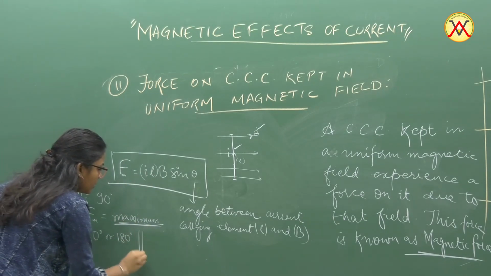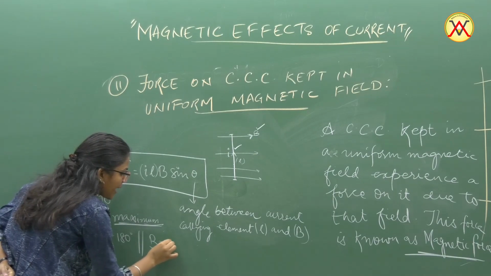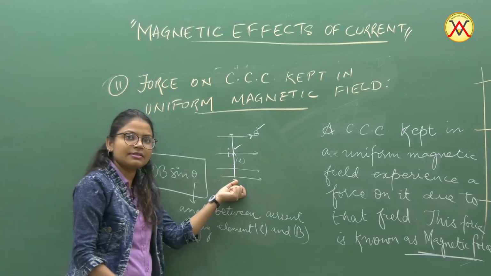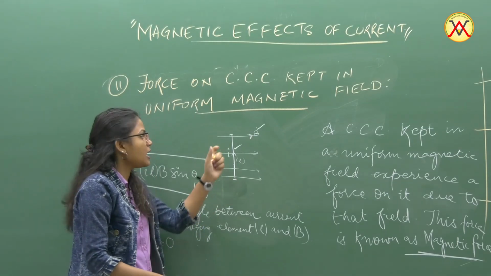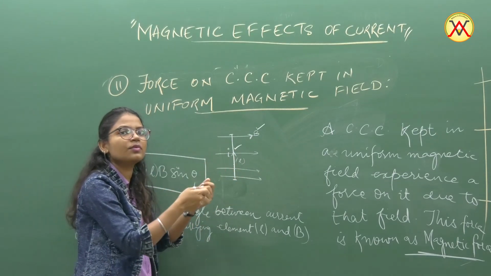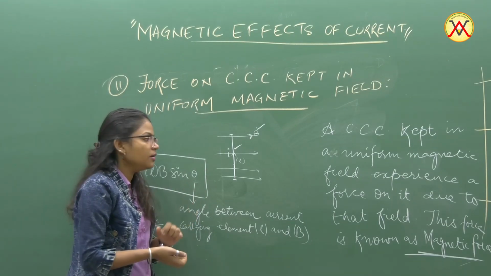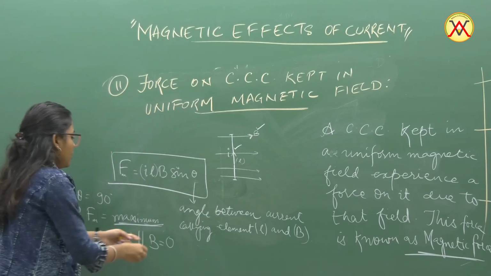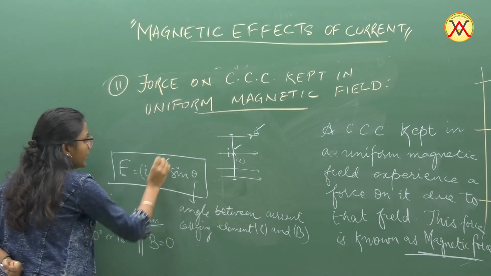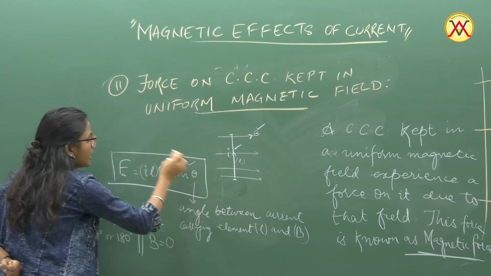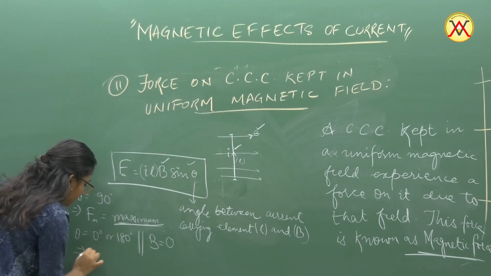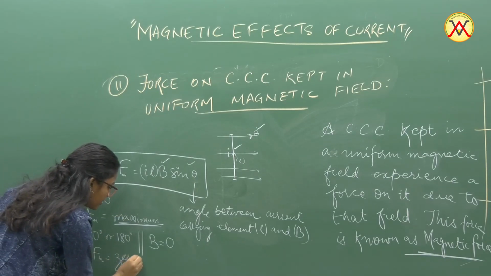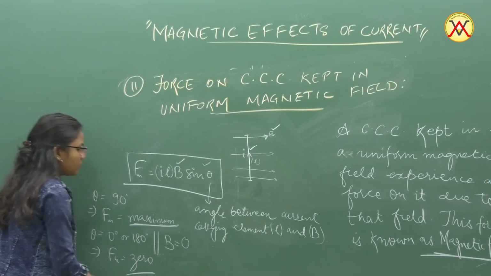Or if the magnetic field is equal to 0, which was in Oersted's experiment, the magnetic field around that current carrying conductor was almost negligible. At that time, that current carrying conductor experienced no force. Even if B equals 0 or sin theta equals 0, at that time also our magnetic force will be 0. Alright.